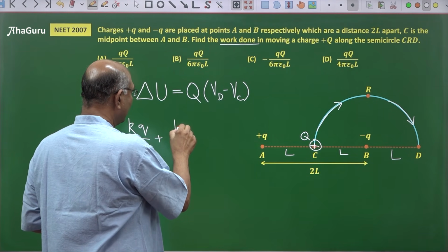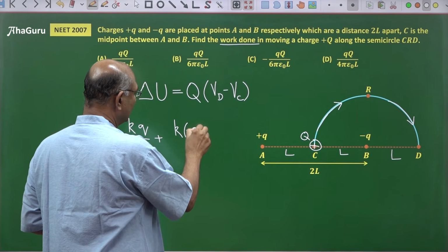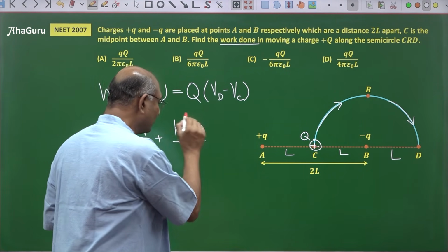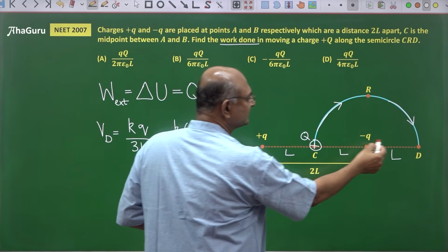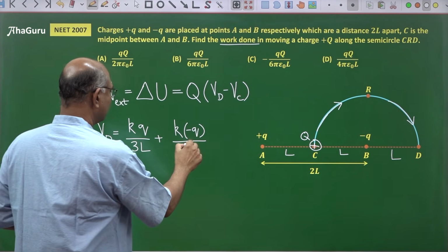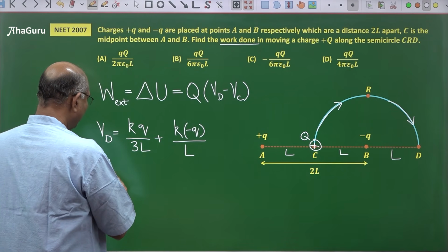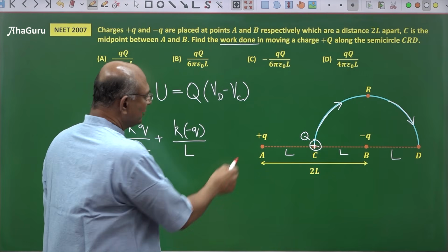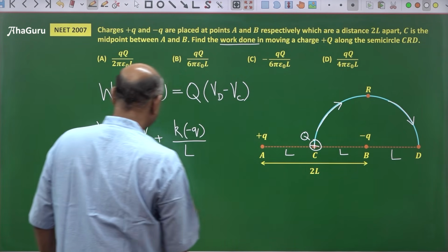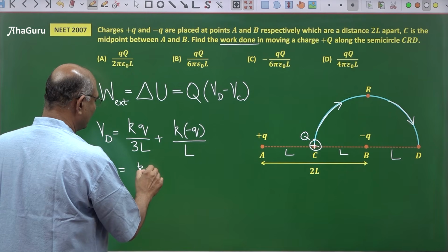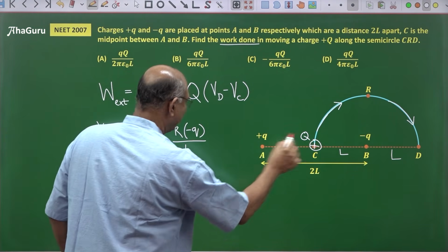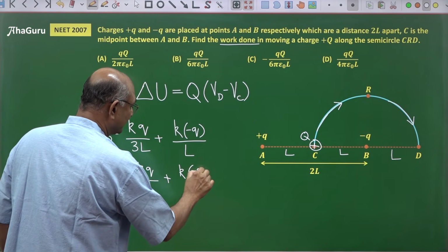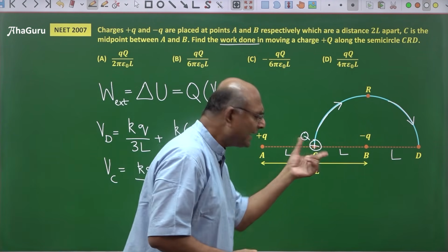So K into minus q, so you know that the minus is coming because of the minus q, divided by this distance, which is L. And then V at C, the potential at C. What will it be? Due to this and then due to that. Due to q, it will be Kq by L, plus K into minus q by L.